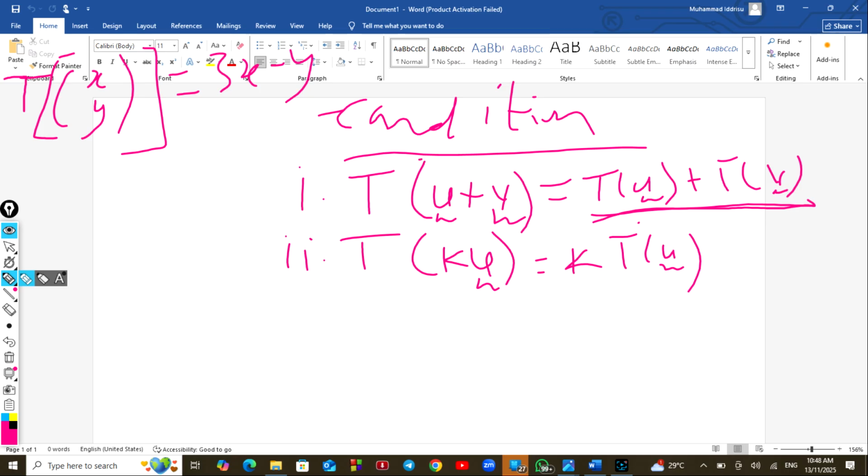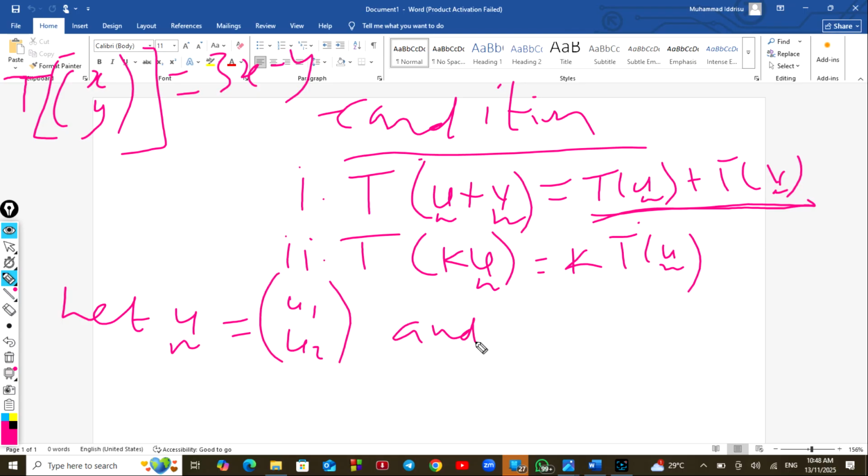First, let the vector u equal (u1, u2) and the vector v equal (v1, v2).